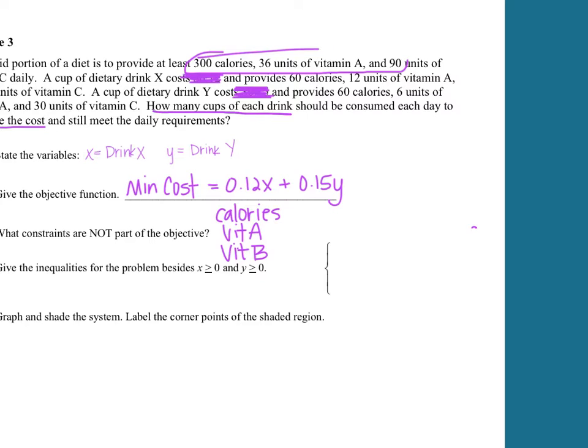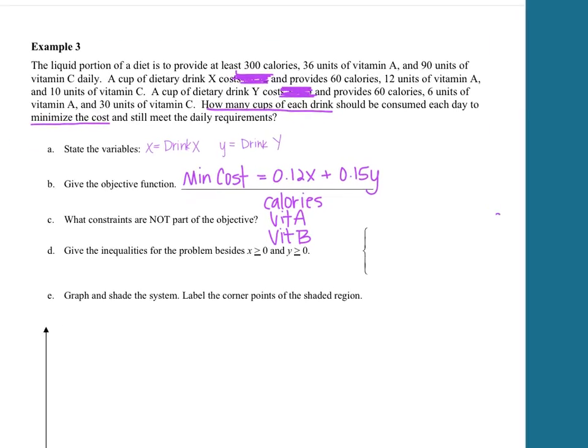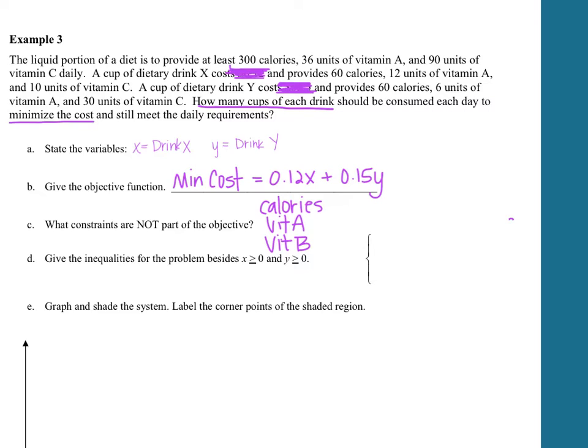Right, so just because they come in a row in the problem does not mean they go together in an equation. What goes together in an equation are like terms. So color code it. At least 300 calories. I've got 60 calories, and I have another 60 calories.